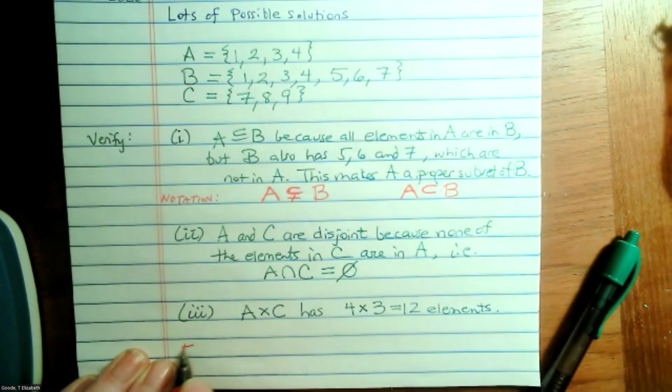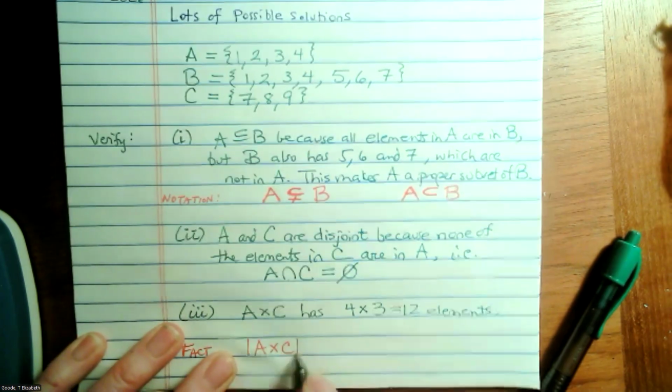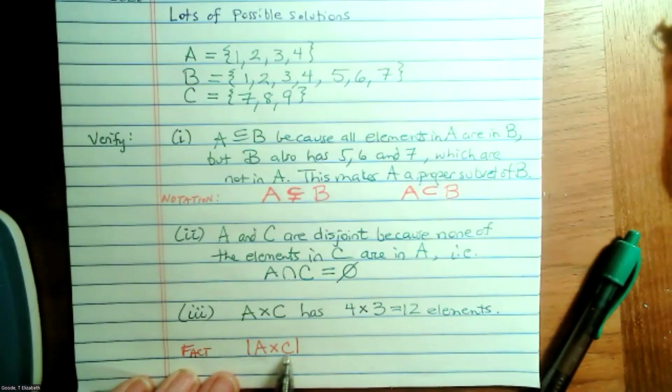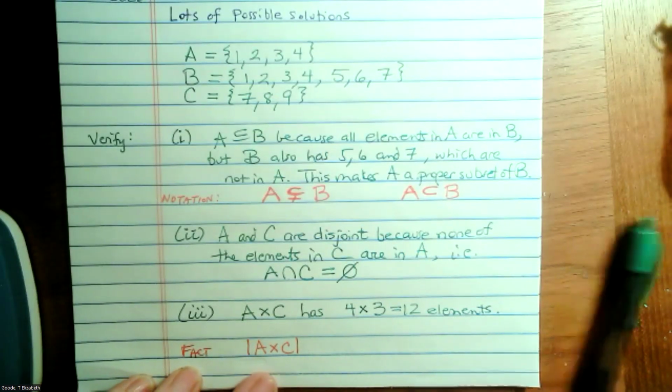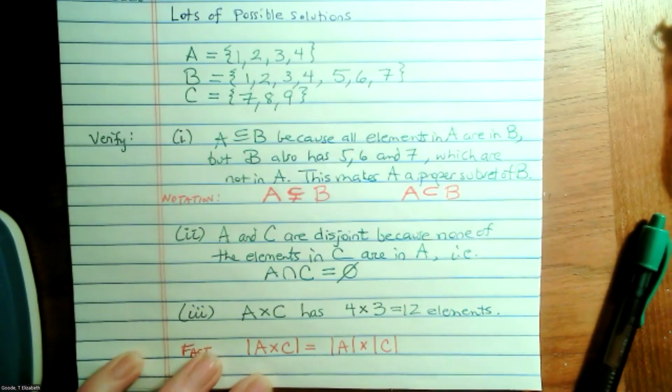Another fact is that the size of A cross C, this absolute value around A cross C means the size of A cross C. It's actually equal to the size of A times the size of C. Or you could put a little cross there. It's a little confusing.